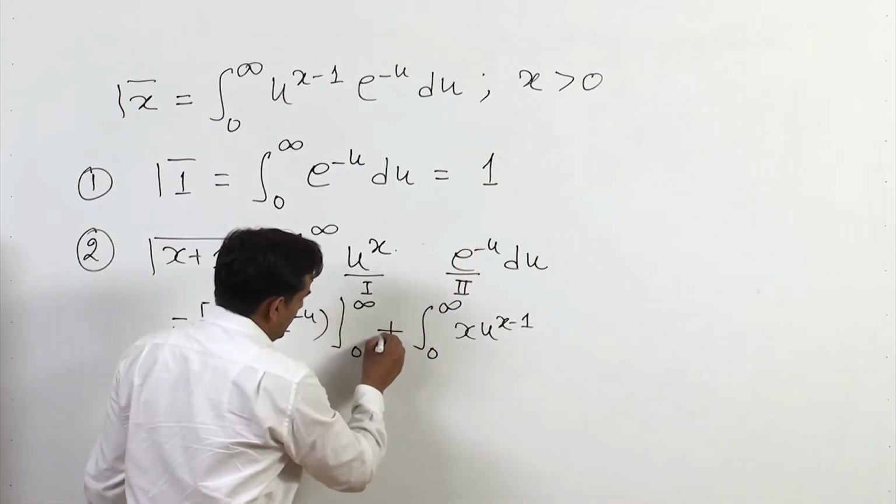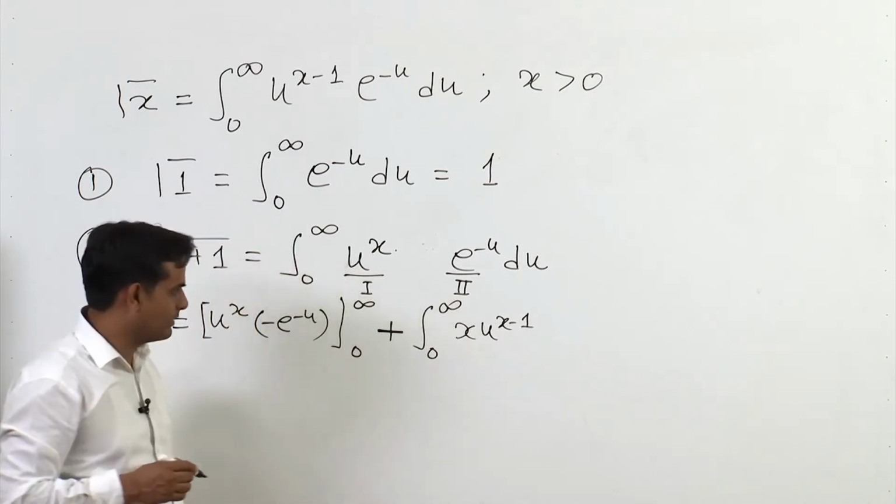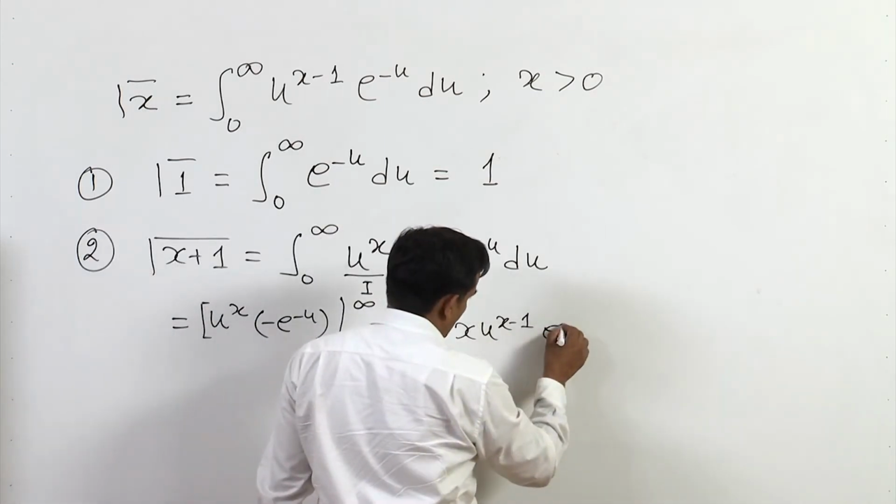With this minus, it becomes plus, into e raised to power minus u du.